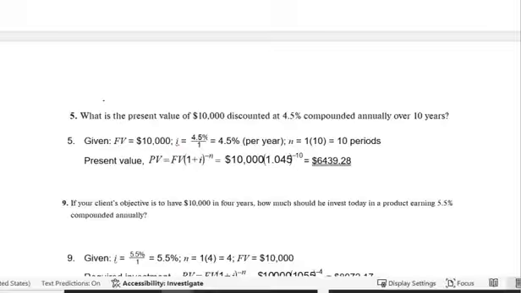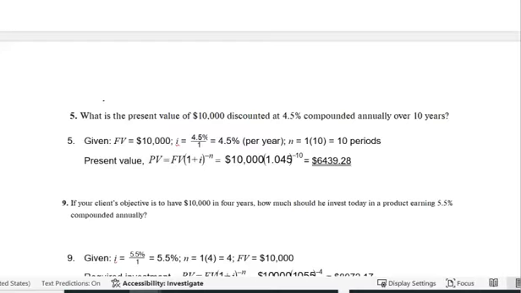And then it's going to be compounded over the 10 years. So where it's compounded annually, which is our M, for 10 years, M times the 10 years gives us the 10 periods. So N, or what your exponent is, is 10.